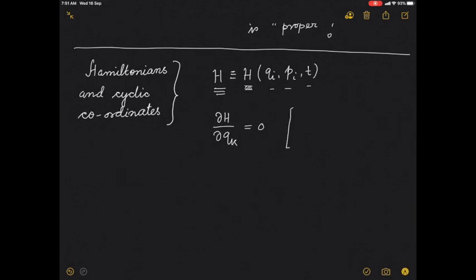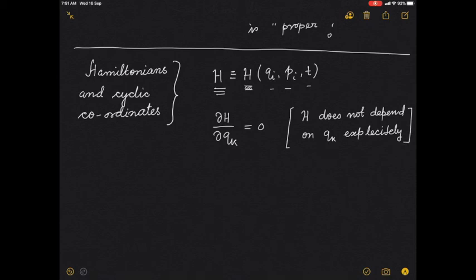But nevertheless, this is my Hamiltonian, and if my Hamiltonian is independent of the kth coordinate, that essentially means this is 0. This is a mathematical statement which essentially means h does not depend on qk explicitly. That's the partial derivative.